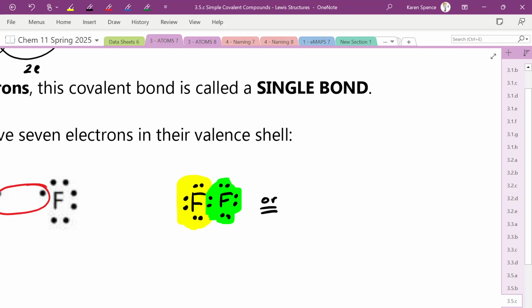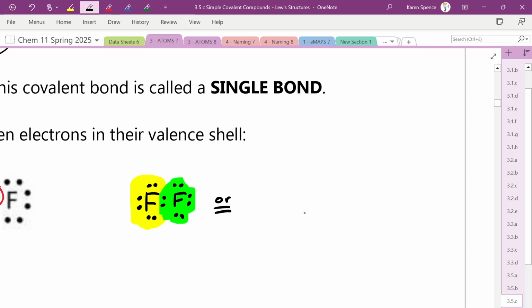Yes? How else could we write this? We could do the F and a line, which represents those 2 electrons. And we can say 2, 4, 6, 8 around the fluorine on the left.